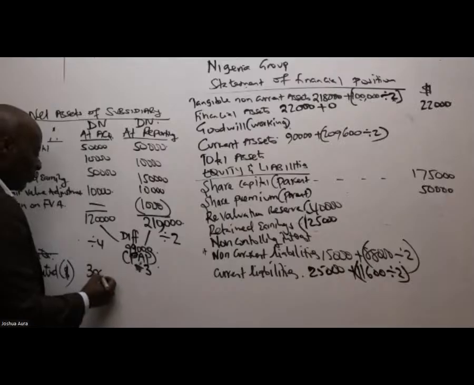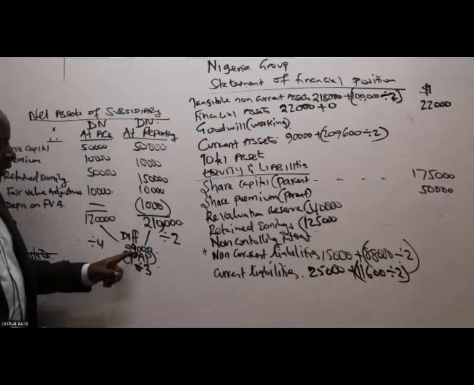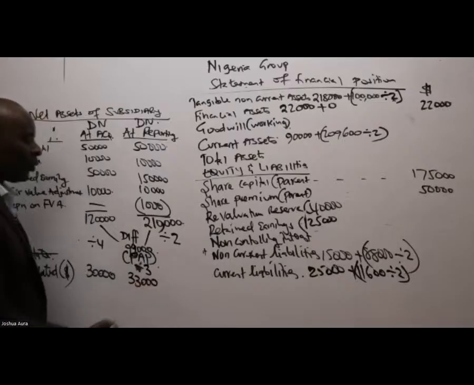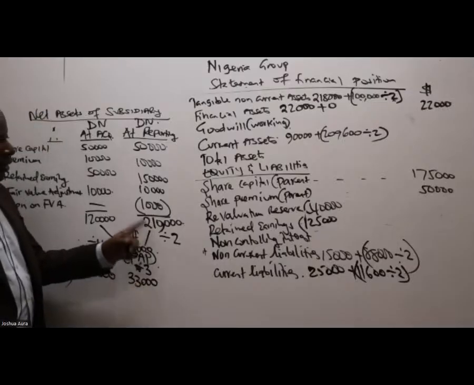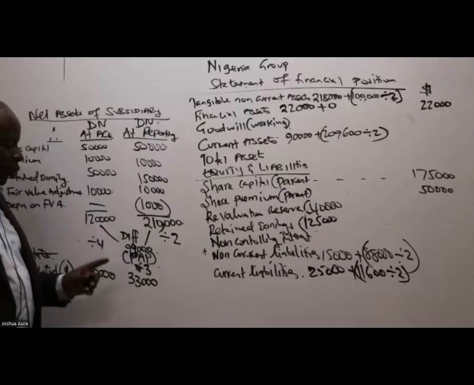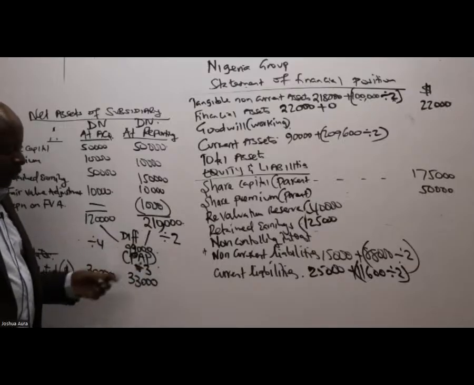Somebody is giving me a figure of 30,000. Thank you very much. And then we have 99,000 divided by 3, which is 33,000. And then we have the last one, which is 219,000 divided by 2. 219,000 divided by 2 gives me what figure, somebody?